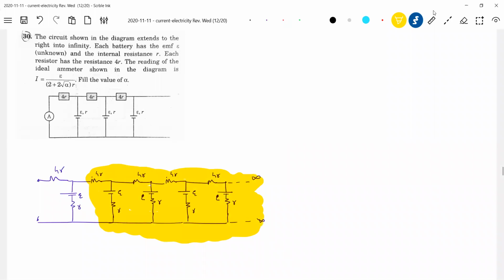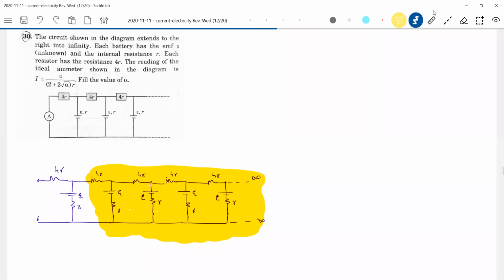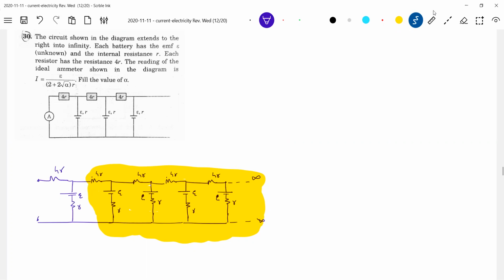So when I replace this yellow region, I'm going to replace it here with an equivalent. Even this R and this 4R become part of it, no? I'm going to replace everything with an equivalent cell.